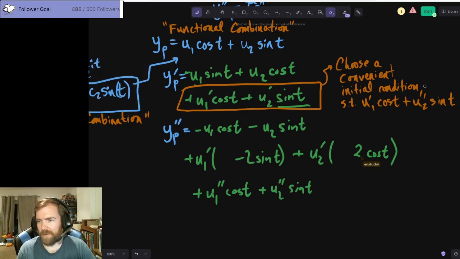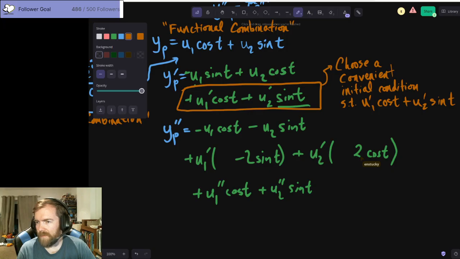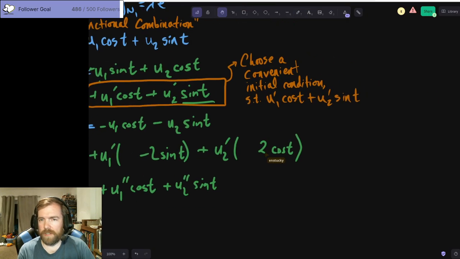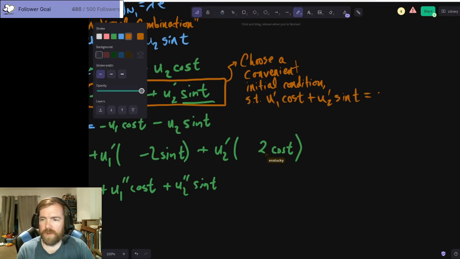Let's not make that look like double prime. All right, such that that particular equation is going to be equal to 0.